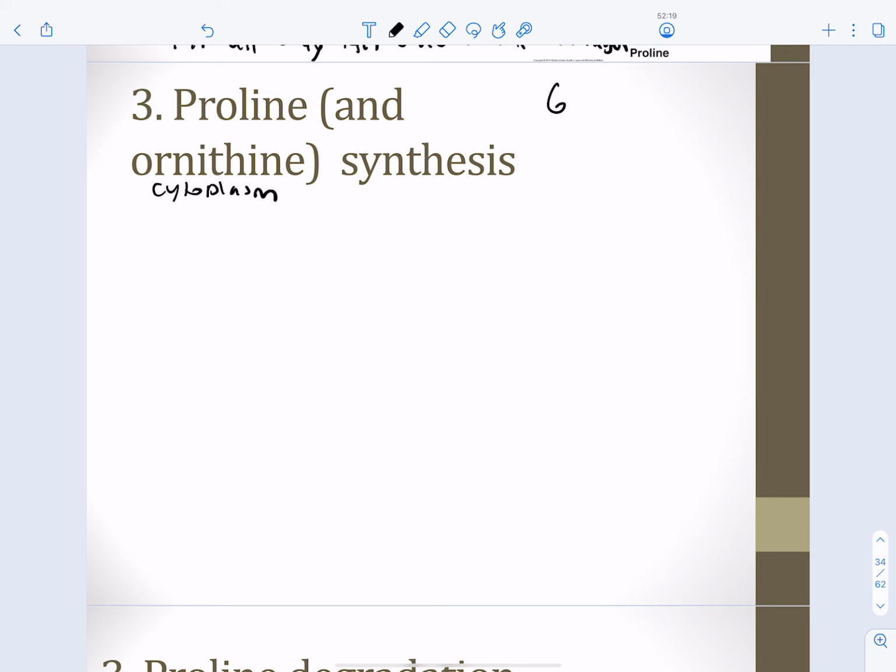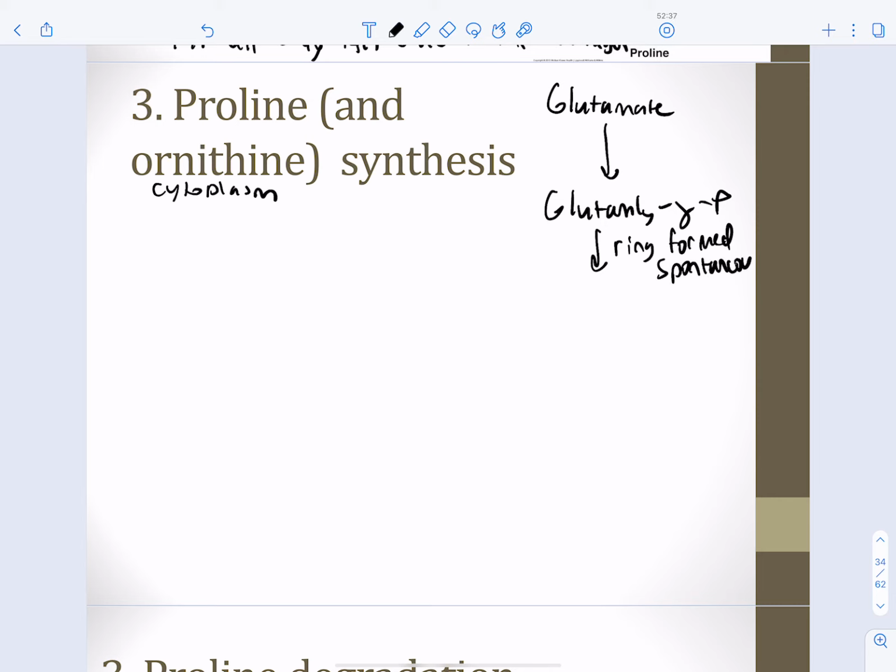And so you start with glutamate, and this is going to form a phosphate, and then you're going to get a ring formed, spontaneous. And this leads to a delta 1 pyrroline 5 carboxylate.